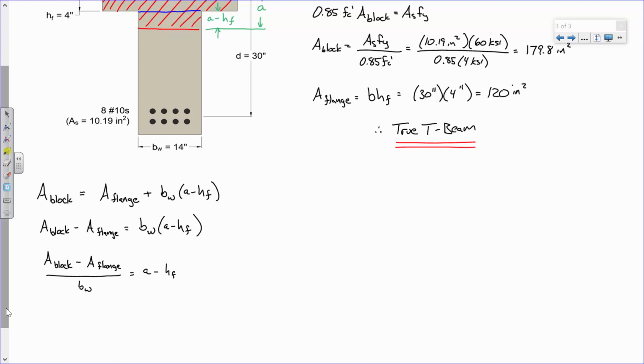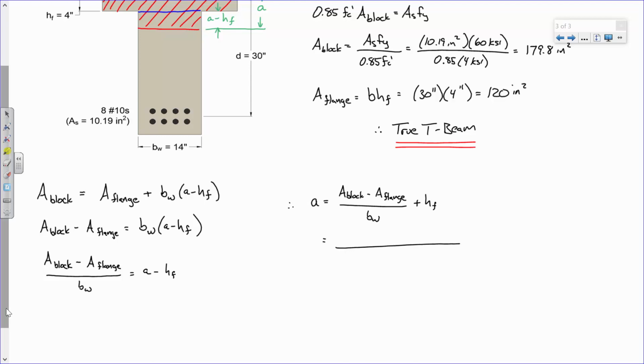And then what do I do? Add the HF over. So A equals A block minus A flange over BW, plus HF.